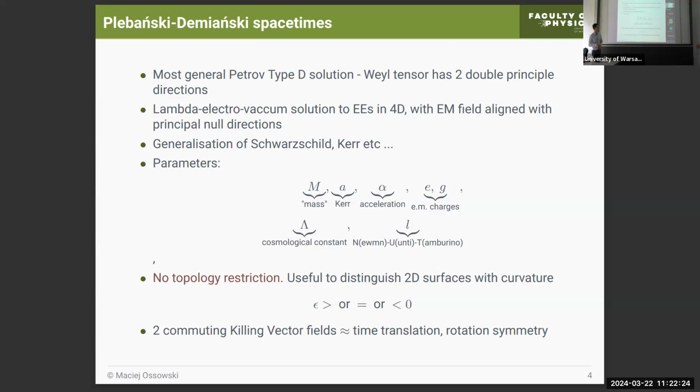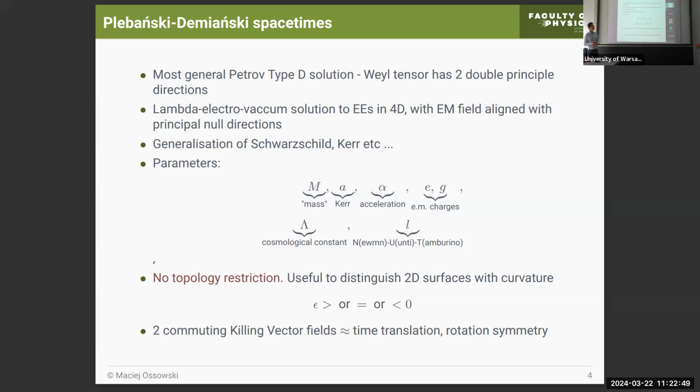One could be thought of as time translation or some kind of boost symmetry, and the other is usually taken to be rotational symmetry. So in this context, the mass parameter has something to do with the conserved charge of the boost and the Kerr parameter with the conserved charge of the rotation. However, your mileage may vary case by case.